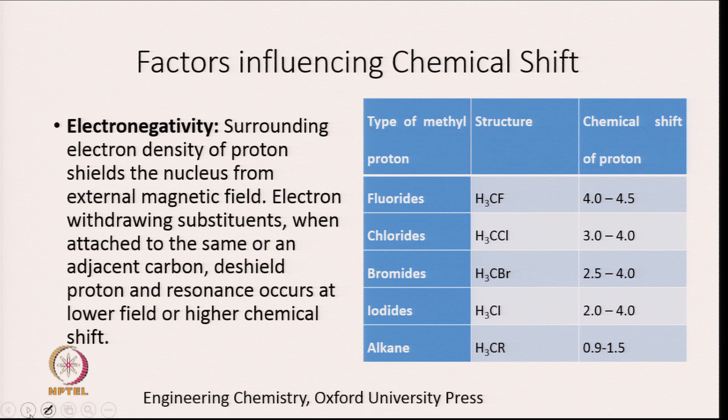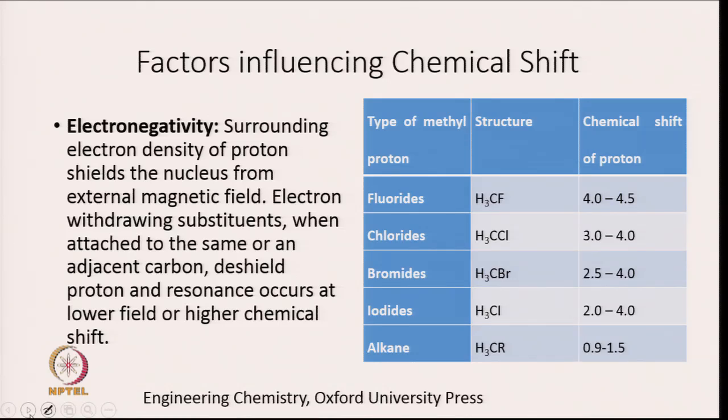There are a lot of factors which affect the chemical shift, a few of which I am going to discuss. The first factor is electronegativity. The surrounding electron density of a proton shields the nucleus from the external magnetic field.